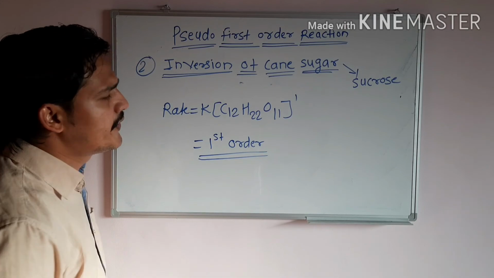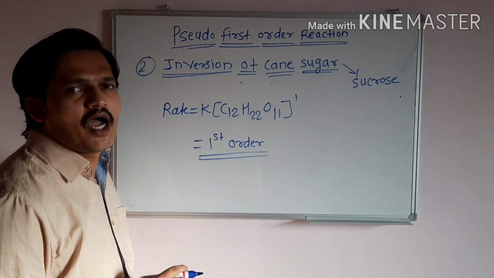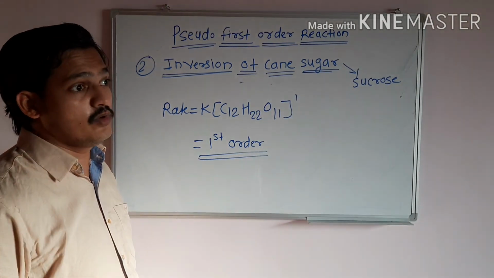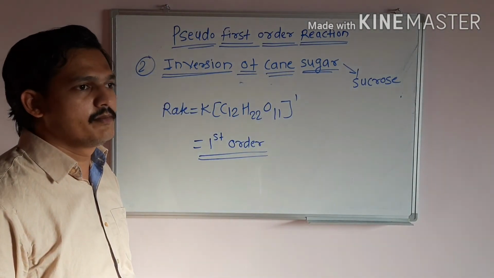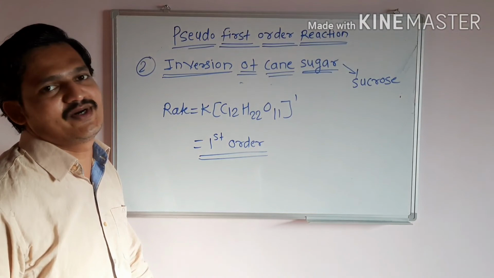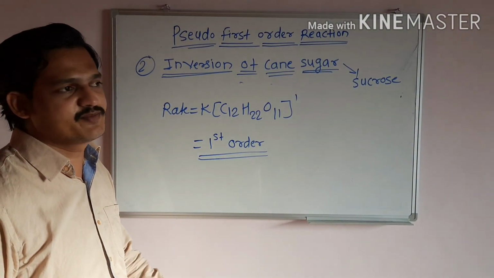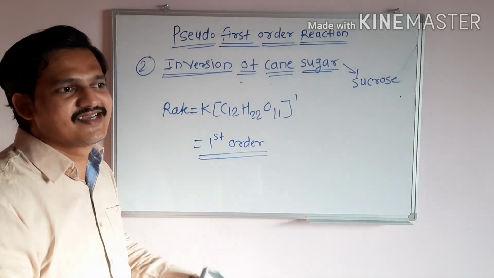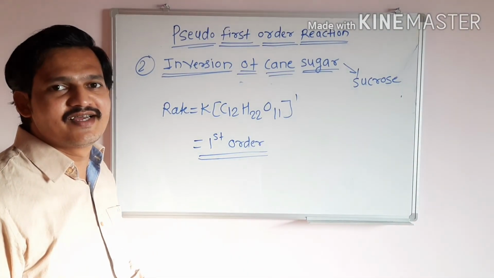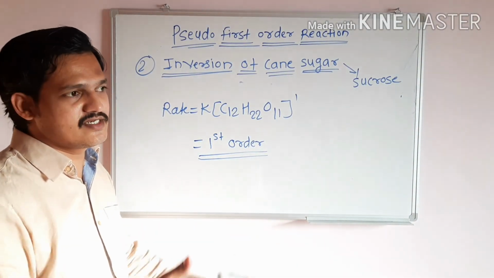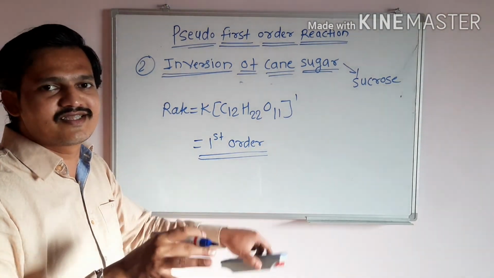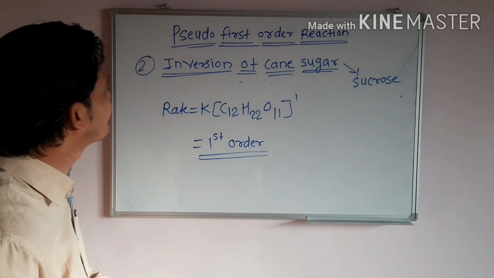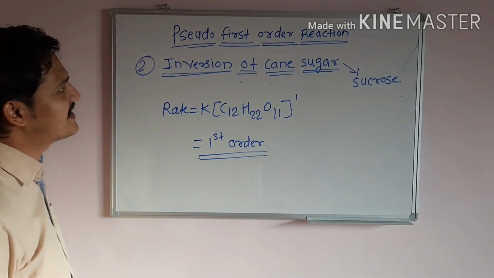Generally hydrolysis reactions are expected to have higher order, but they behave as first order. The expectation is of higher order, like expecting high marks but getting a little less: expecting 90, you get 85 or 87. This is the second example of a pseudo first order reaction.